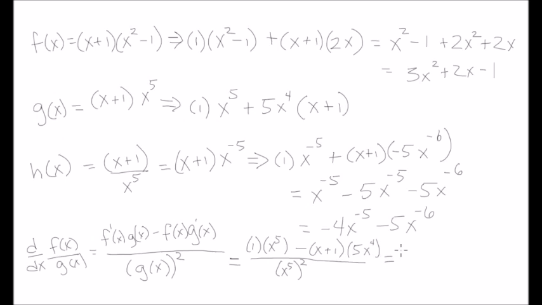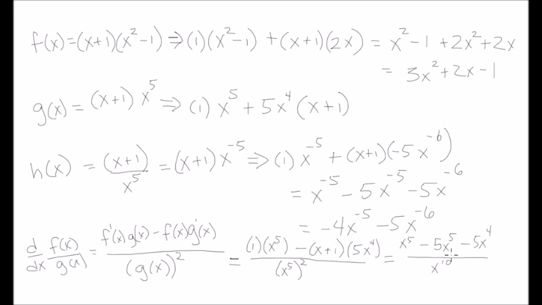Okay, so simplifying that, I get x to the 5th minus, distributing across, 5x to the 5th minus 5x to the 4th over quantity x to the 10th.